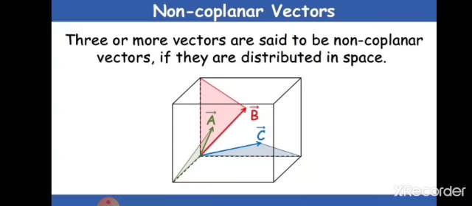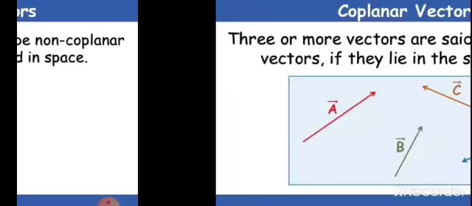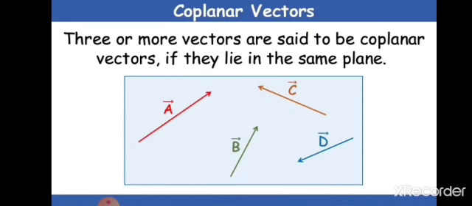Here vector A, vector B and vector C are represented in the XYZ plane. They are in three-dimensional motion. Such vectors are non-coplanar vectors. Coplanar vectors lie in the same plane, either one-dimensional or two-dimensional, but they should be in the same plane.